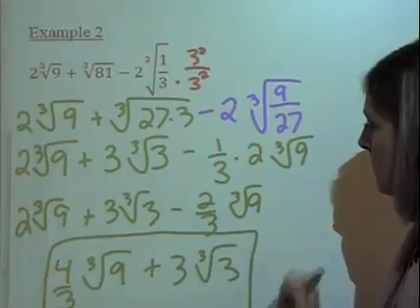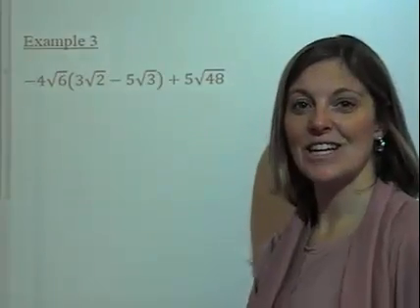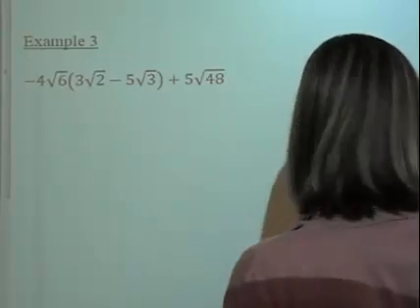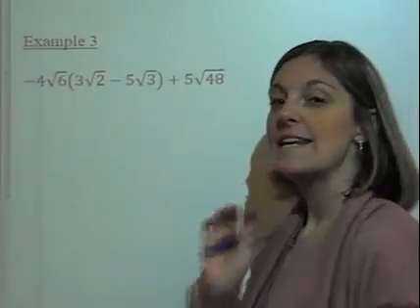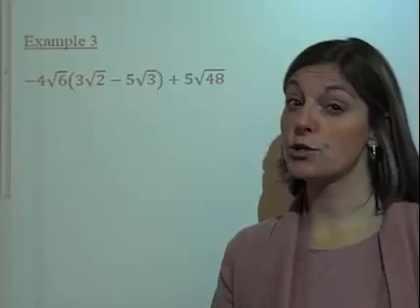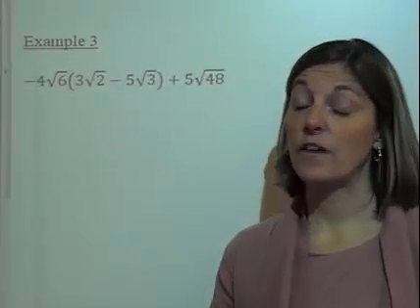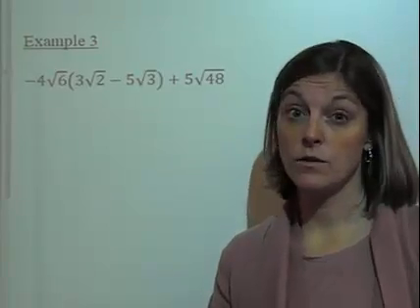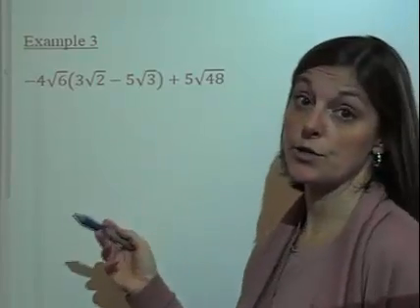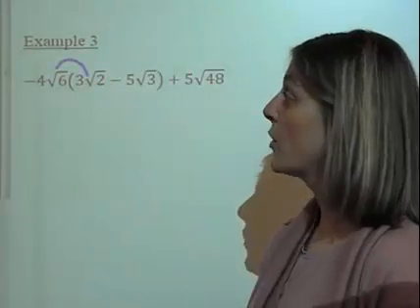All right, so now let's take a look at example number 3. Now we're getting into distributing, so we're multiplying our radicals. It's very similar to when we multiply using variables. We're going to use our distributive property here, and we're going to multiply.